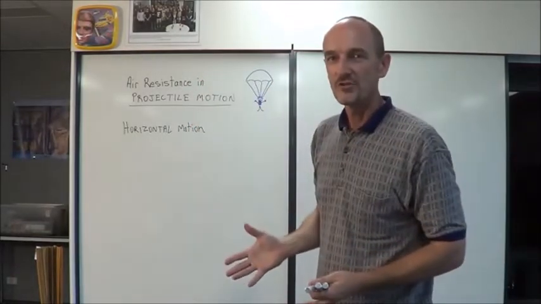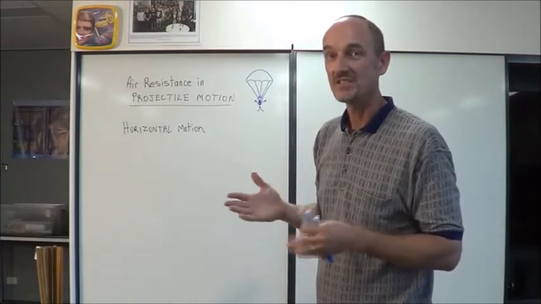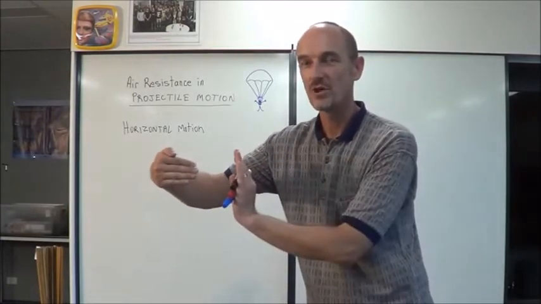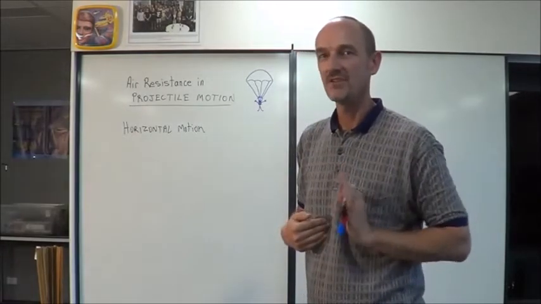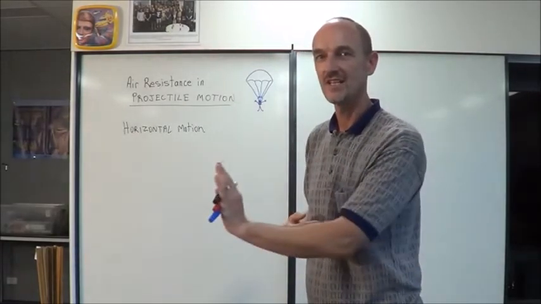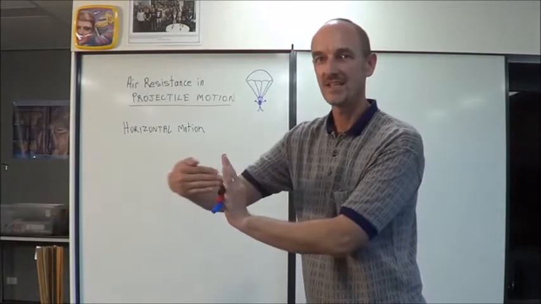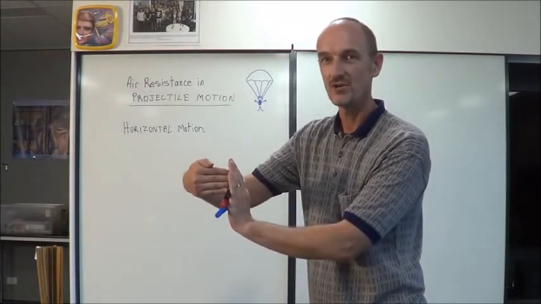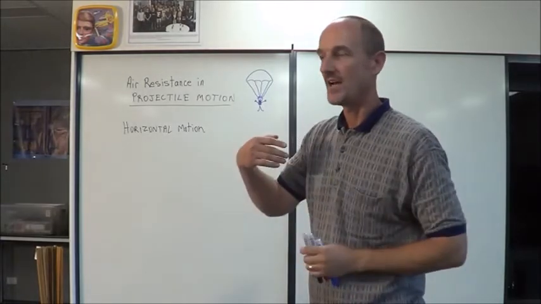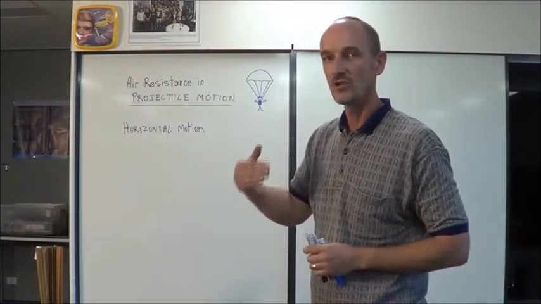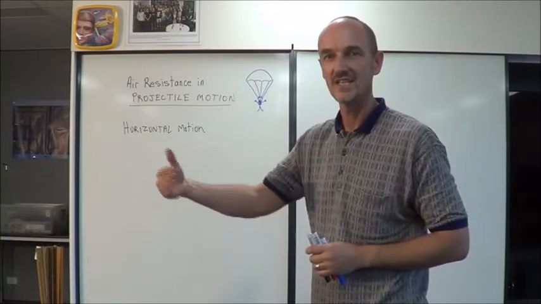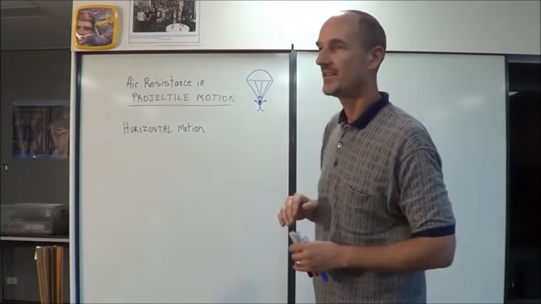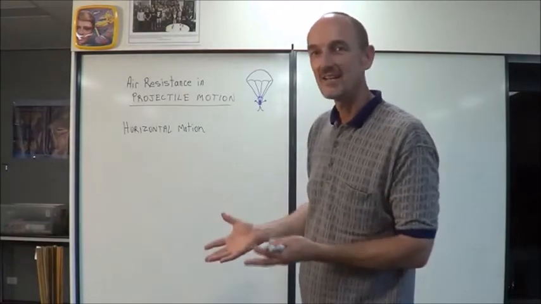So with the horizontal motion, the air resistance, remember, acts to oppose the forward motion, and if an object is travelling horizontally and something, in this case air resistance, is opposing the motion, then that's going to slow the velocity down in the horizontal direction, okay? And so we're going to get a deceleration.